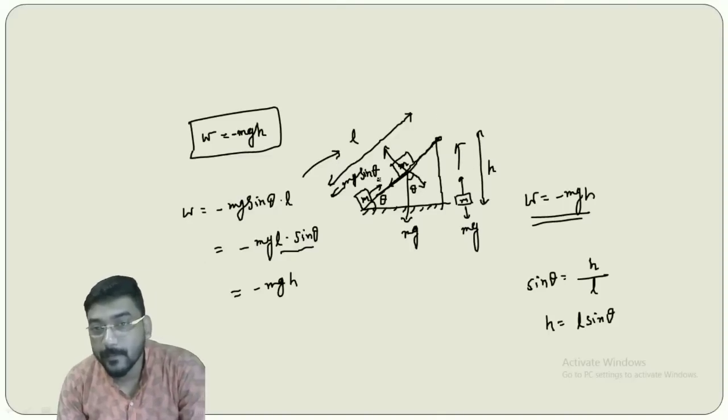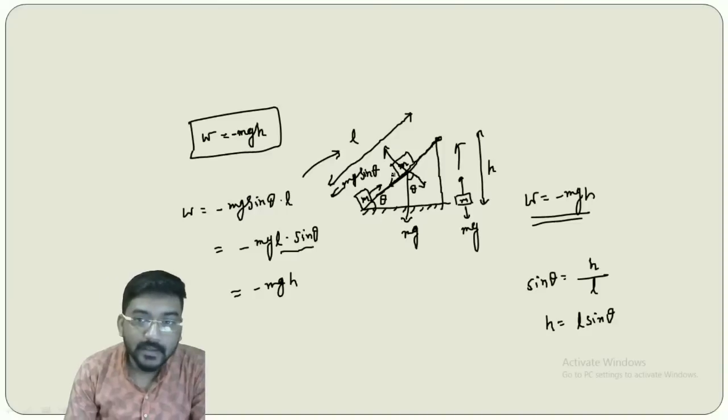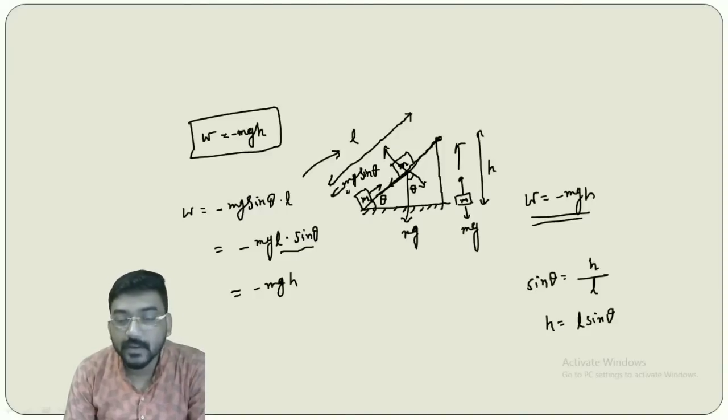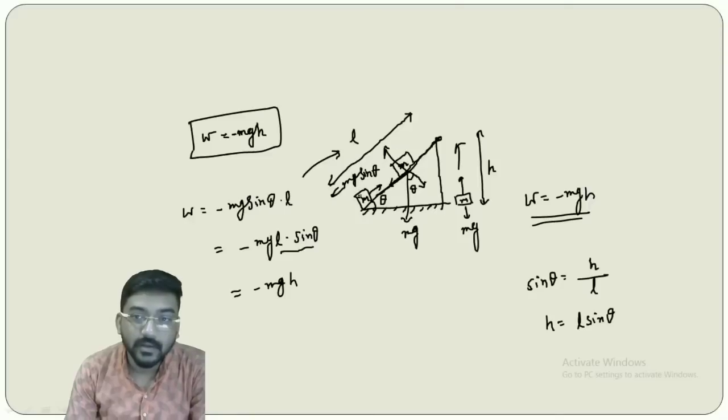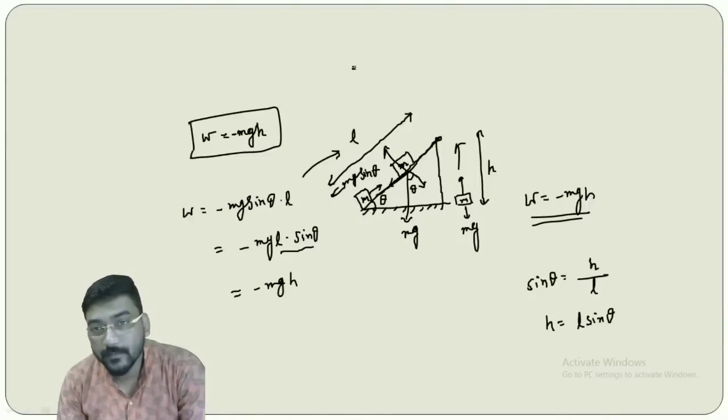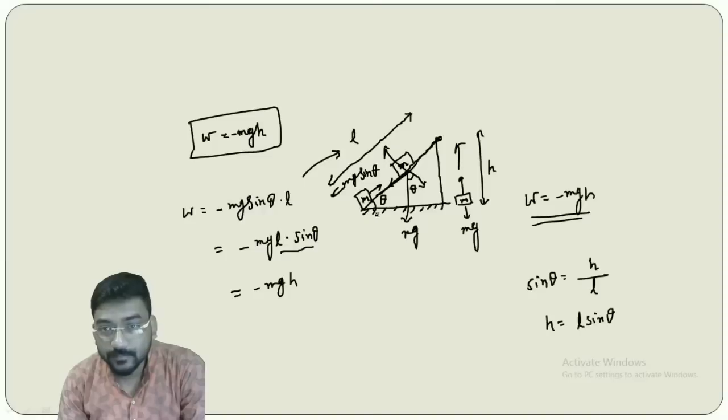Whenever there is a frictional force or a viscous force within the system, the work done will be path dependent. So that's why that force will break the rule of path independence, and that's why these forces are actually called non-conservative forces.